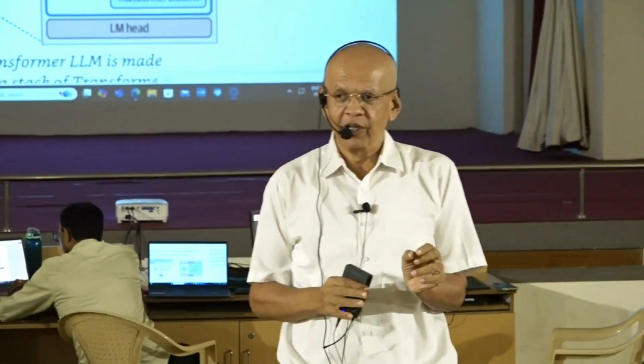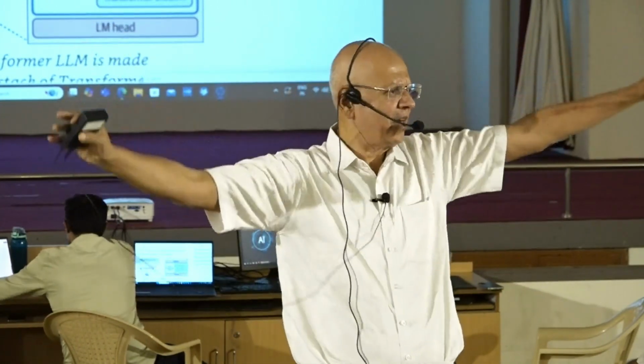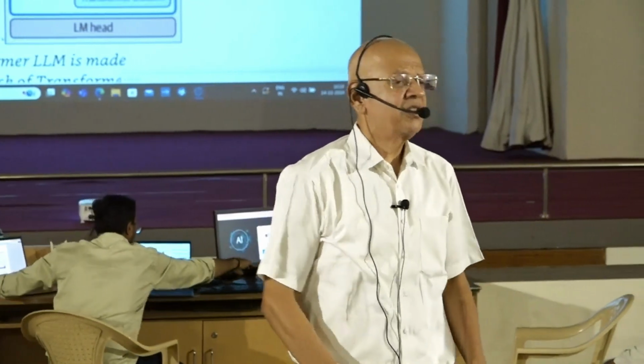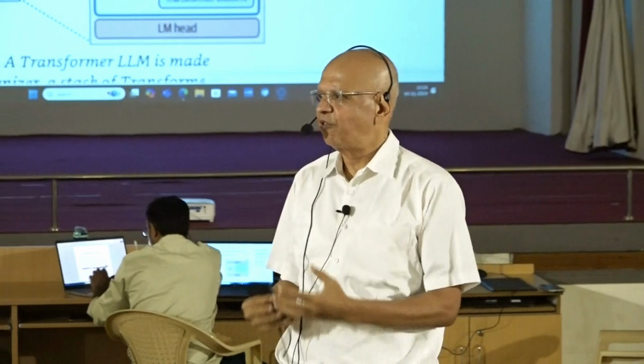The number of dimensions could be 1024, 8192. So the job of the embedding layer is to take the token and convert this into a huge multi-dimensional space. Imagine a vector space with so many dimensions. Why? Because the word has so many colors, and all the colors of that word have to come out.